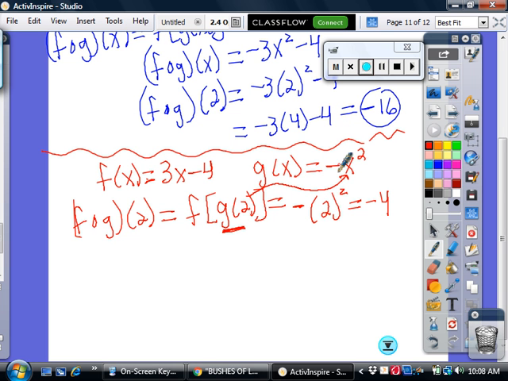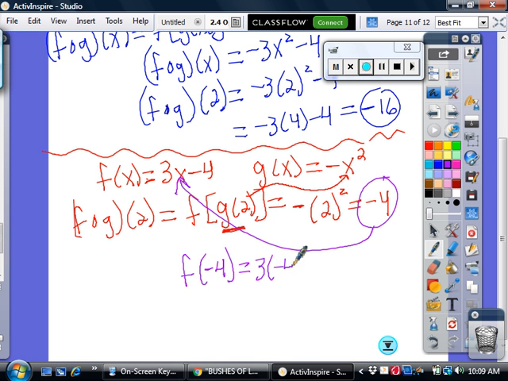It's not part of what's being squared. Then we'll take this answer and plug it into f. So that would be 3 times negative 4 minus 4, so negative 12, and negative 4 is negative 16. That's the same answer we got when we did it the other way.